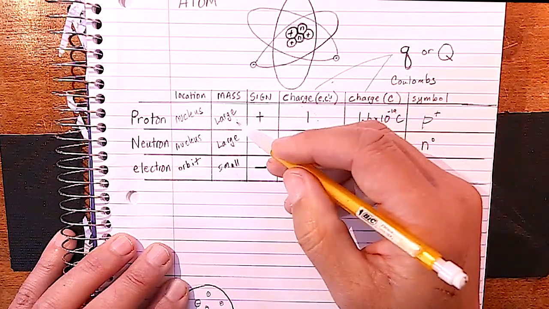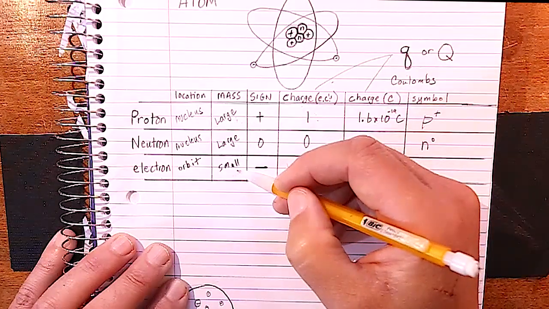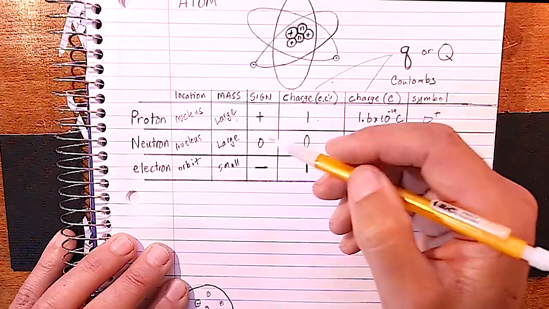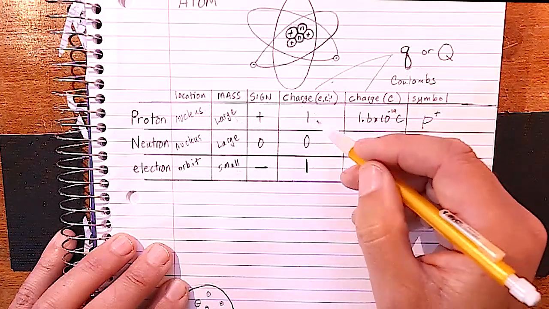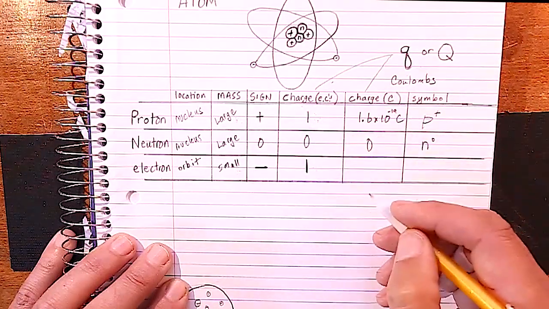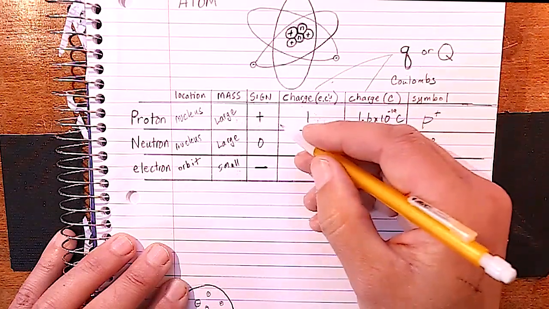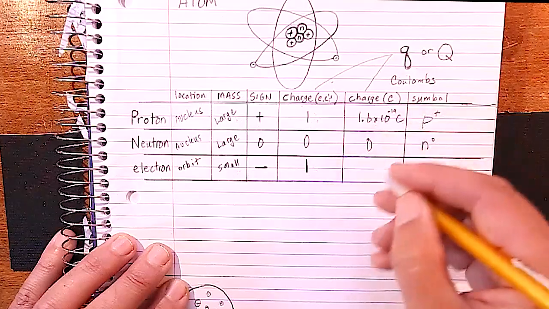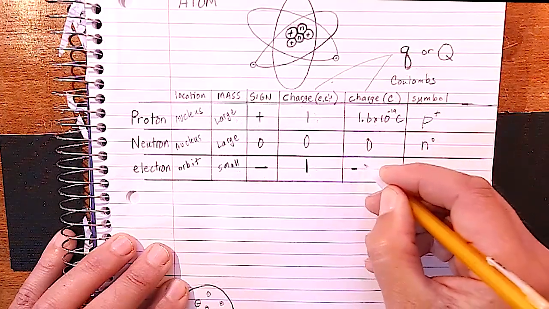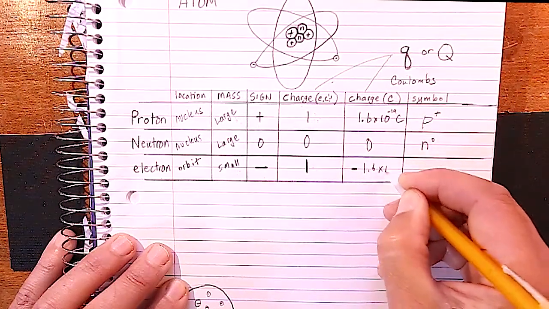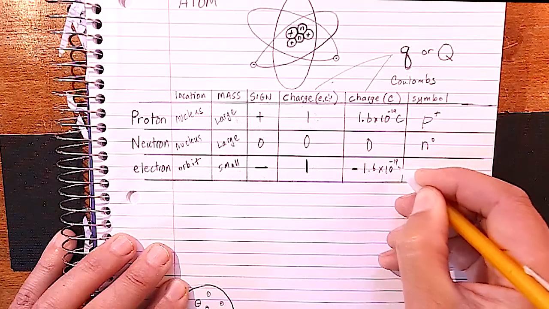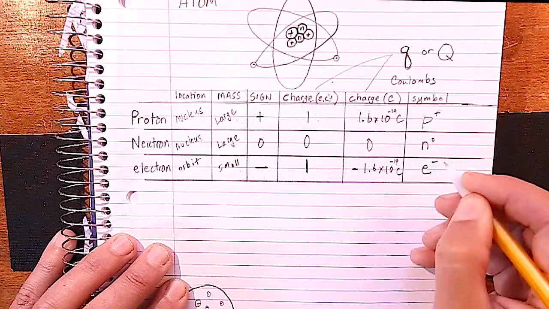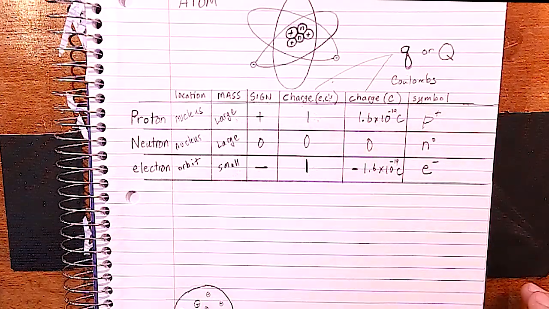So if we put a proton and an electron in an electric field, then the proton and electron will feel the same amount of force because the charge is the same. So therefore, if this is +1 and this is -1, then the charge in coulombs must be the same, 1.6 times 10 to the minus 19th coulombs. And the symbol for an electron is e with a little negative sign.